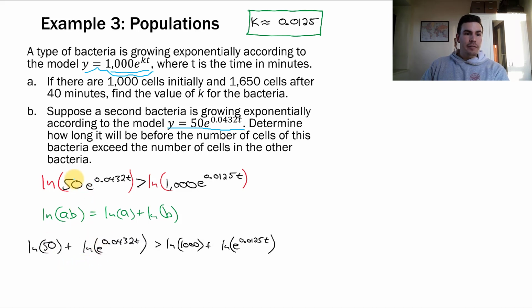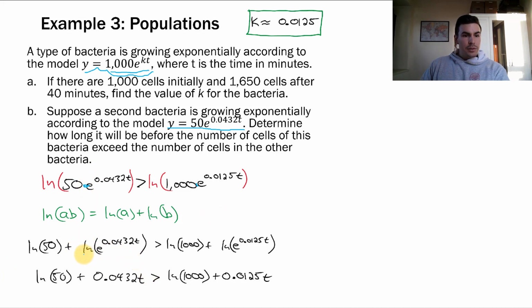So I've got the natural log of 50 plus the natural log of e to my exponent here is greater than the natural log of 1,000 plus the natural log of e to my exponent here. Hopefully you can see how we split that up because I've got this multiplication in between my 50 and my e's. Alrighty, so we can go ahead and start simplifying.